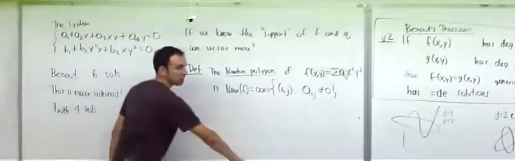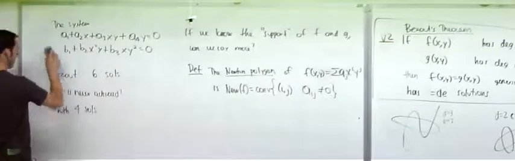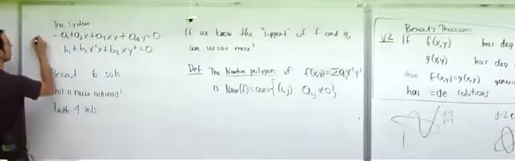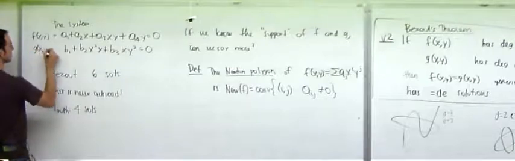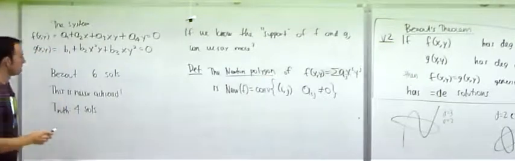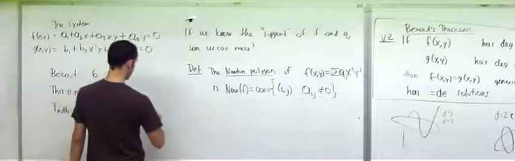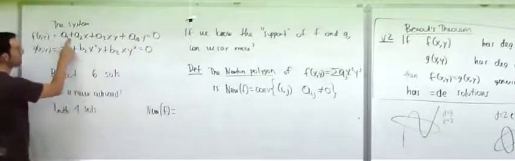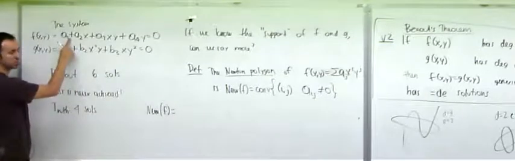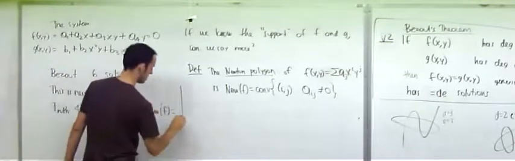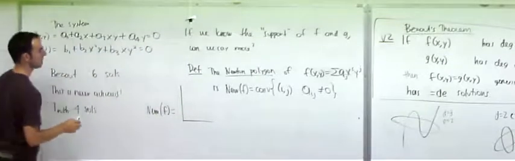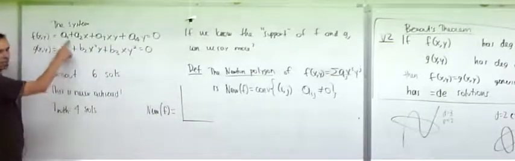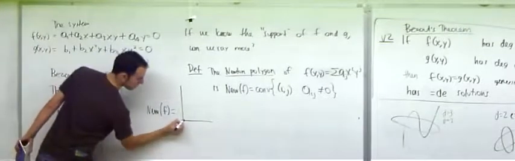And I think this is going to be a lot clearer if I just do this example. So what's the Newton polytope of f? What I'm going to do is look at all the exponent vectors that appear here, and plot them in the xy plane. So this is x^0 y^0, so I put the point (0, 0).